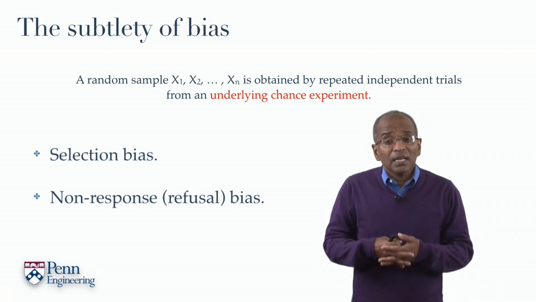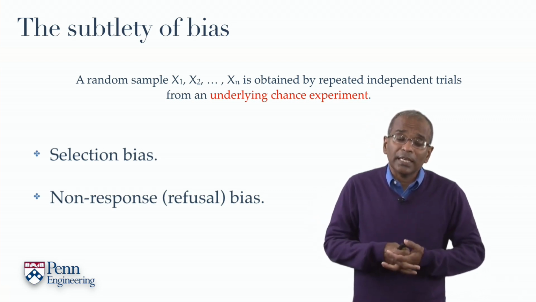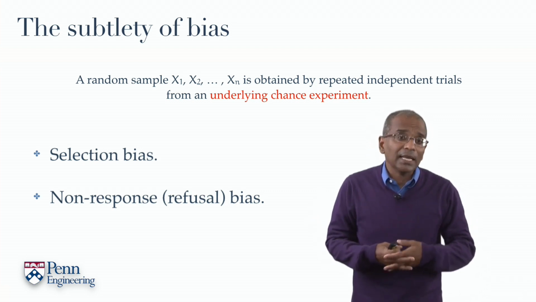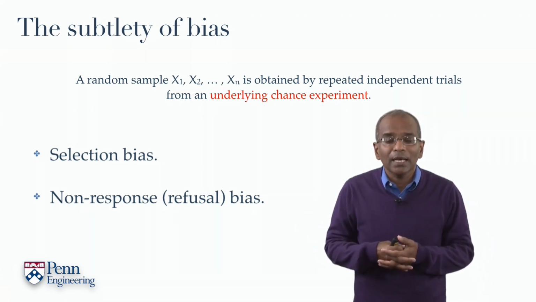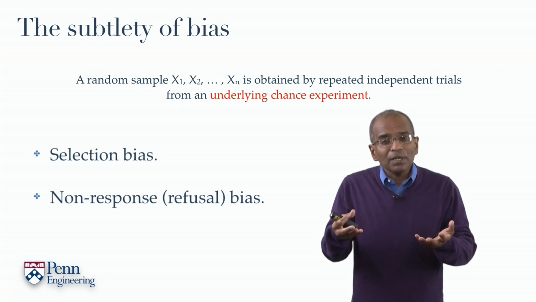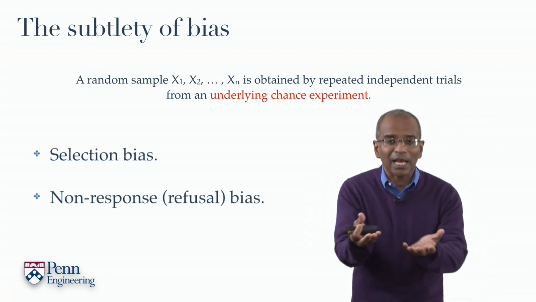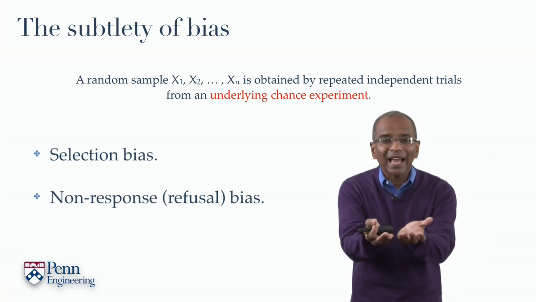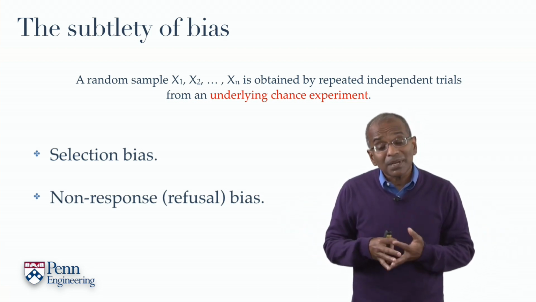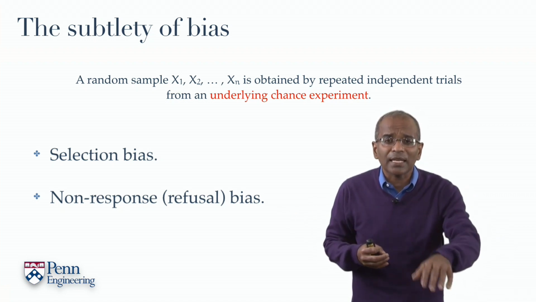I am a probabilist, but I must confess that when I get home late in the evening and I'm ready for my dinner, and I get a phone call from somebody who wants my opinion on something or the other, in principle, as a good probabilist, I should probably answer so that their sample is unbiased and representative. In practice, I end up saying, no, I don't wish to answer, and I hang up.